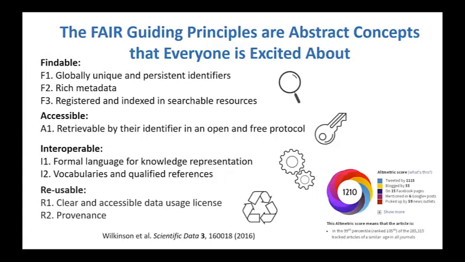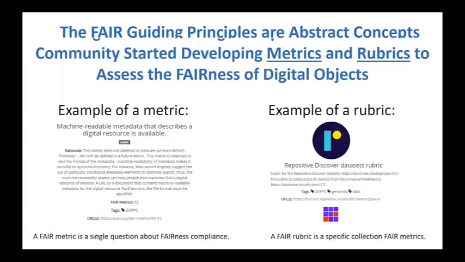And the issue with these FAIR guidelines is that everybody sort of agrees that this is the way to go, but those principles are very abstract. So how can we go from those principles into a more practical application of those principles in NIH funded research and in general?